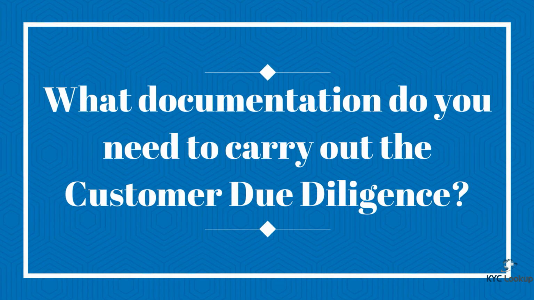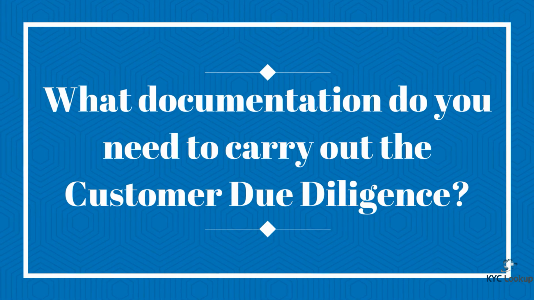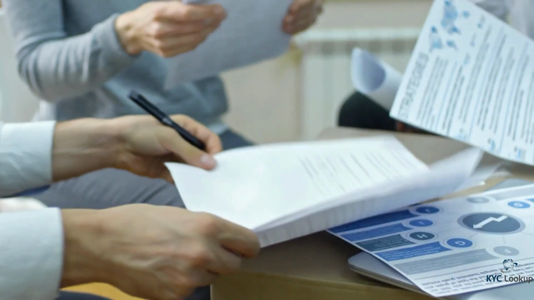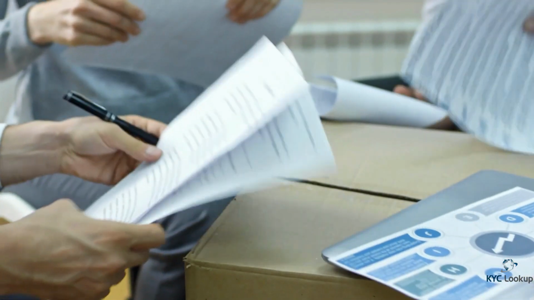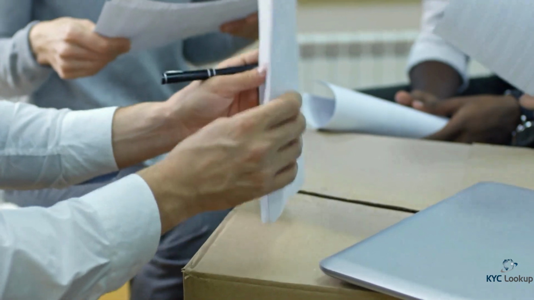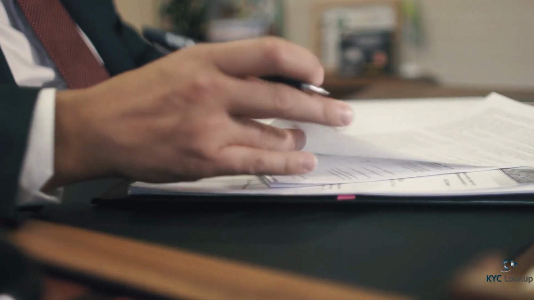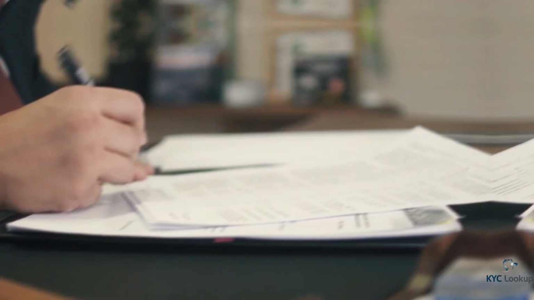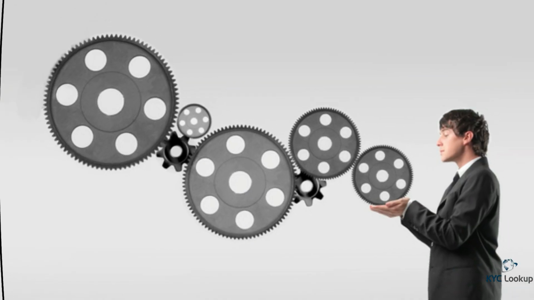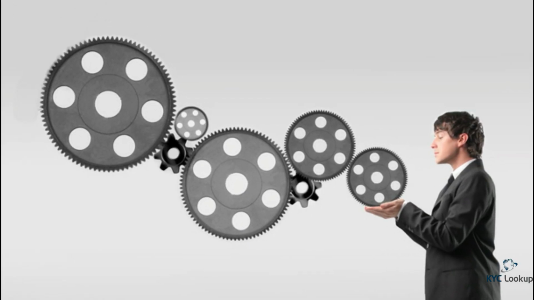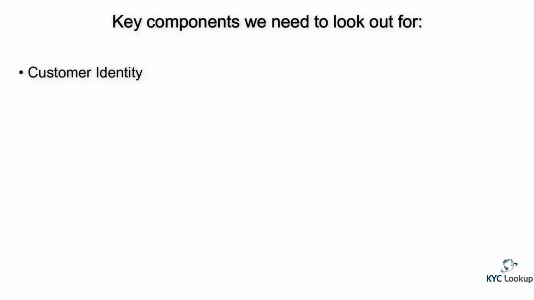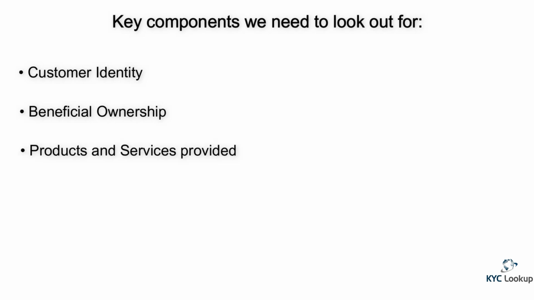What documentation do you need to carry out the customer due diligence? Although there is no set list of documentation or information required, as it varies based on the entity type, jurisdiction of where the company is registered in, or being serviced from, as well as the risk rating given to the customer, we can look at the key components we need to look out for: customer identity, beneficial ownership, products and services provided.